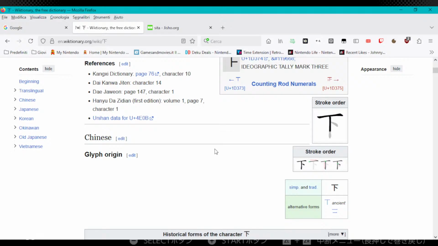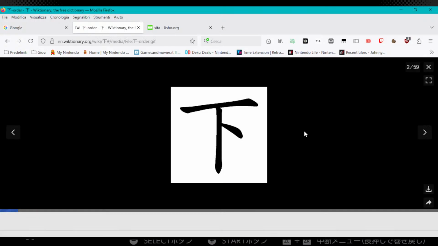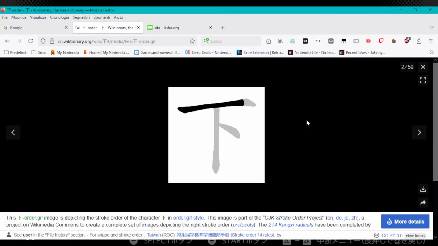It's also, and its fundamental meaning, the kanji for bottom, below, under is written this way, as you can also see with the animation.